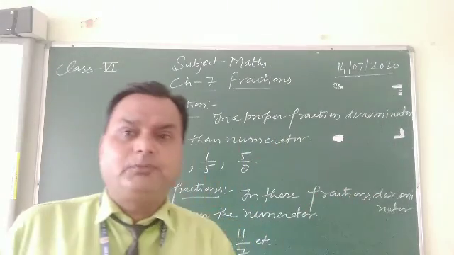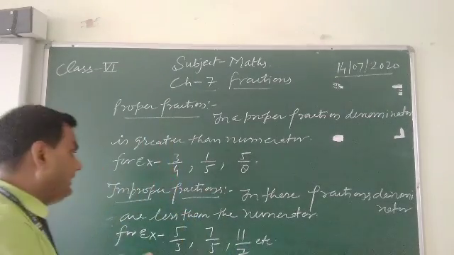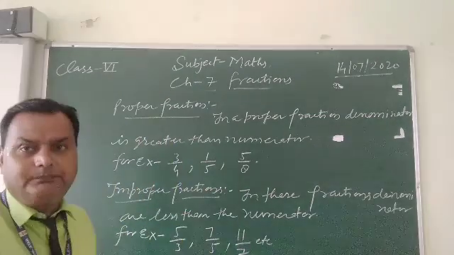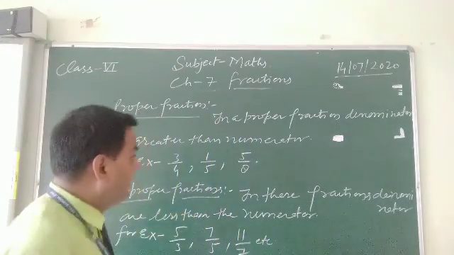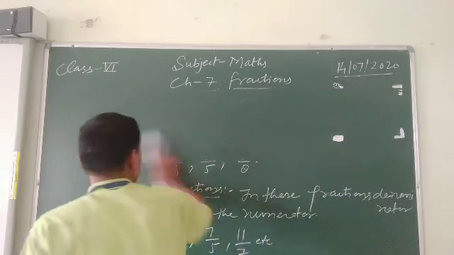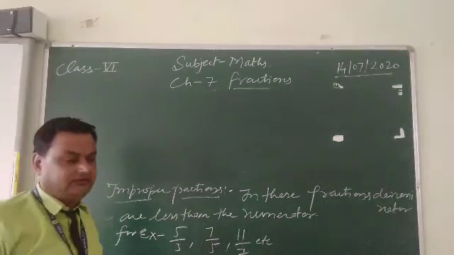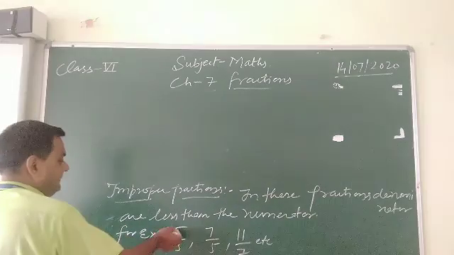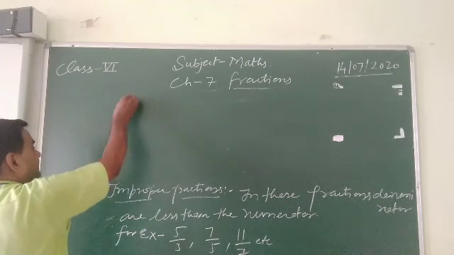And we convert the improper fraction into the mixed fraction. How can we convert the mixed fraction? Now I will show the improper fraction into the mixed fraction. Here, first example, 5 upon 3. 5 upon 3, we will convert into the mixed fraction.